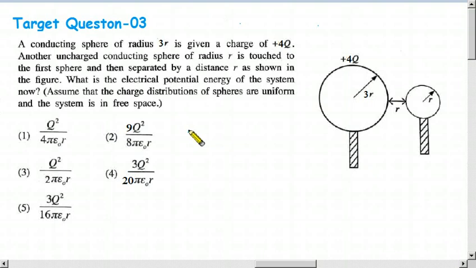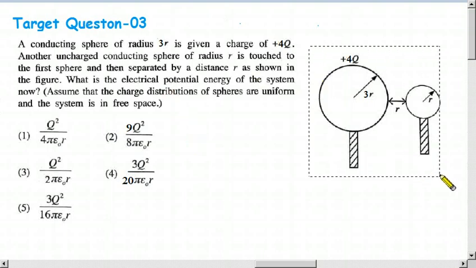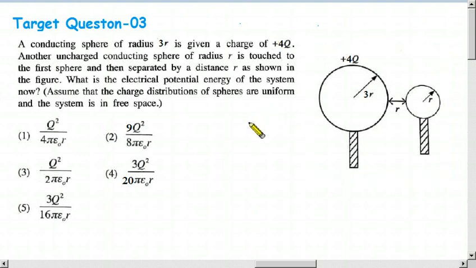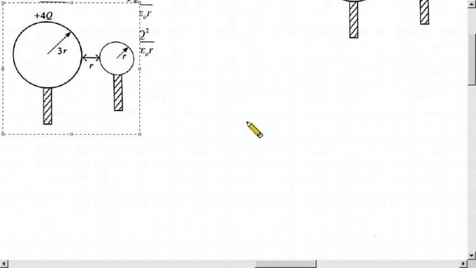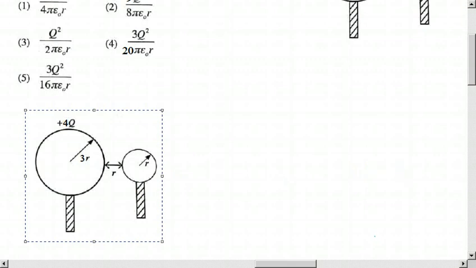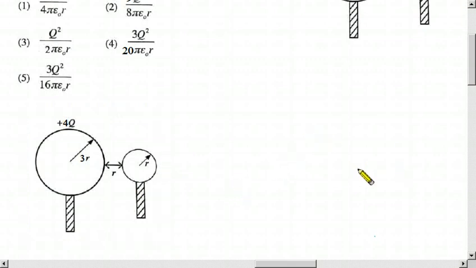Pause the video, read the question, and follow the previous path. So let us touch this.